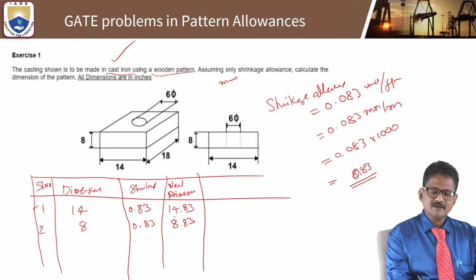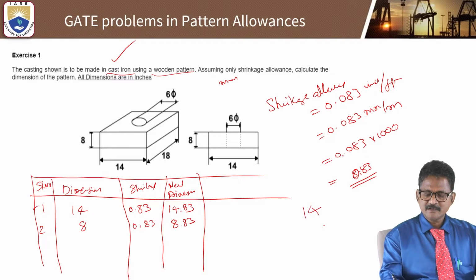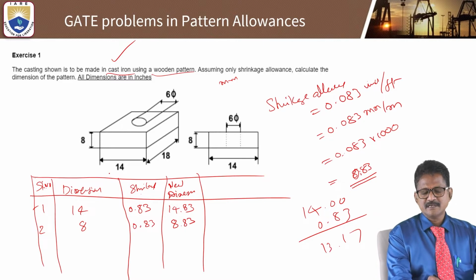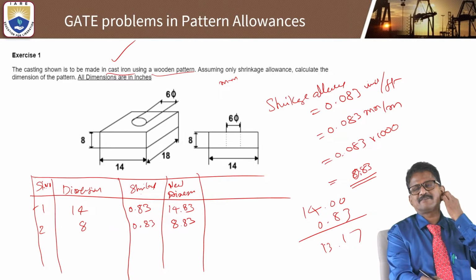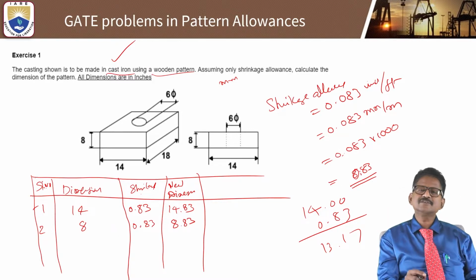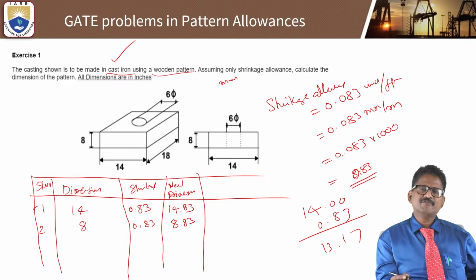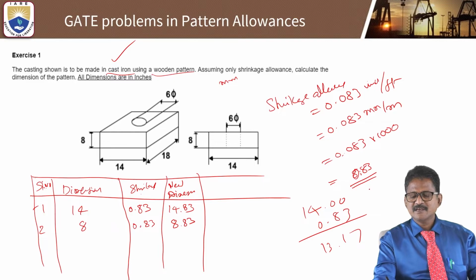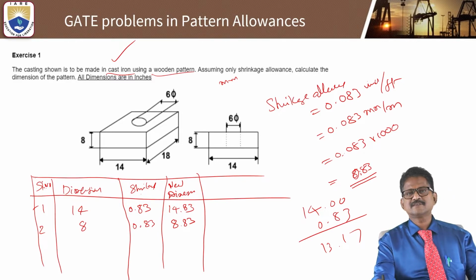If you do not provide this 14.83 mm initially, what will happen? 14 minus 0.83 gives 13.17, so it can only produce a 13.17 dimension. It will come down. That is why, whenever we want to apply the shrinkage allowance, we should calculate the allowances accordingly. You need to have some calculation, so you can apply it effectively in this case.